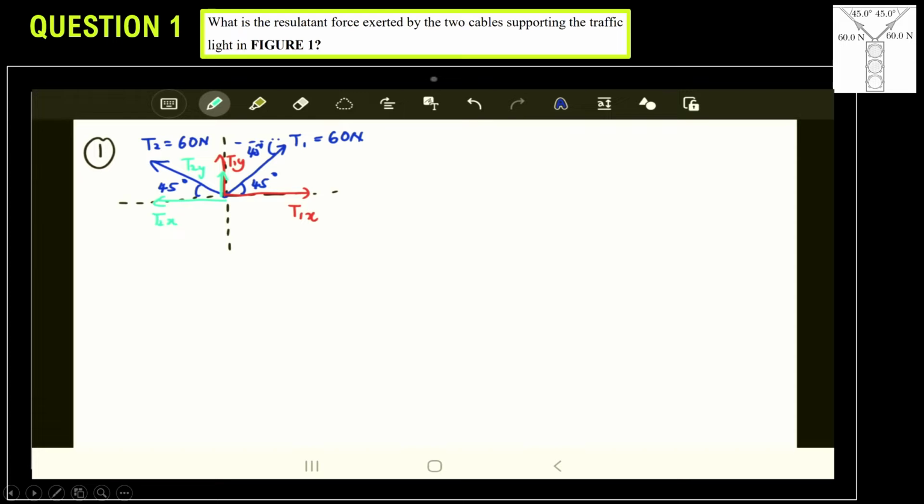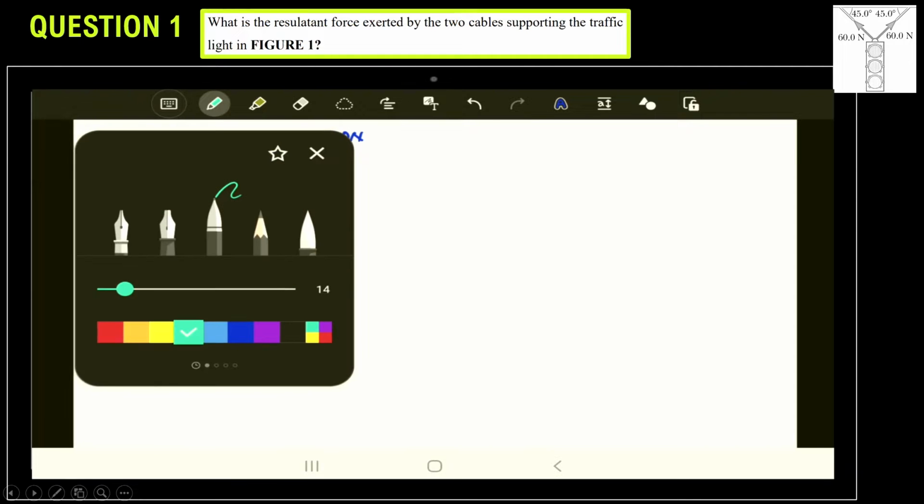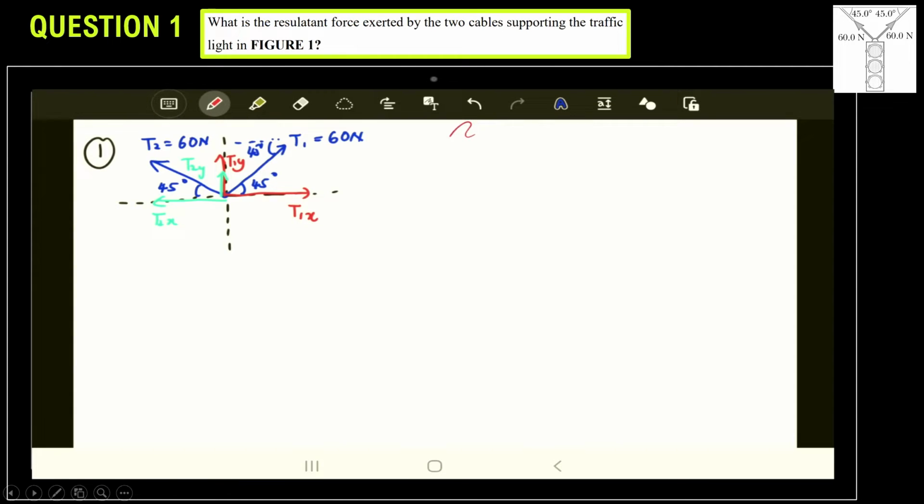We can write here, T1X, you can see here next to the angle, so it's cos. So T1X is T1 cos 45, while T1Y is T1 sin 45.